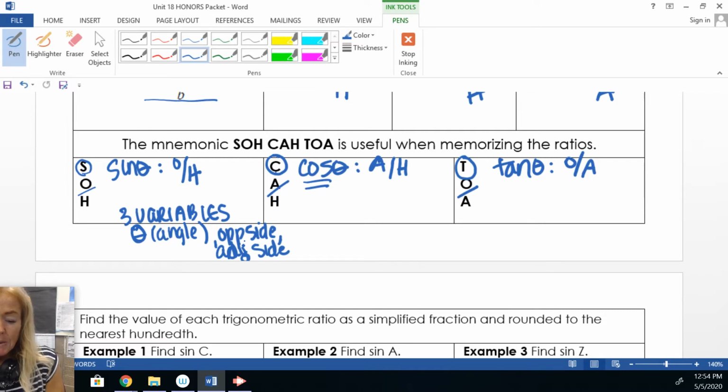Now we have choices. We have sine, we have cosine, and we have tangent, because when we're figuring out the side lengths or the angles in triangles, in the study of trigonometry, the measure of triangles, then we might have 2 different sides, and we need to relate those 2 sides to an angle, and it's not always the opposite and the hypotenuse. So we can't just only have sine.